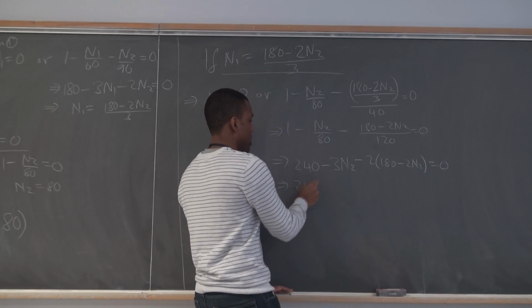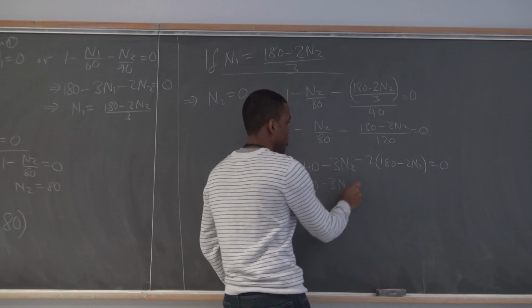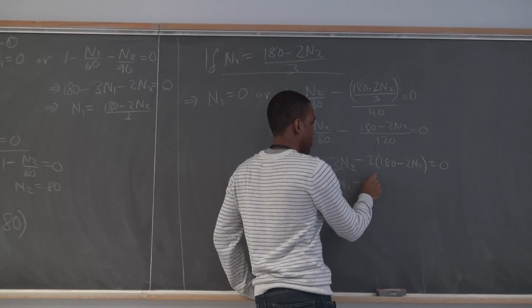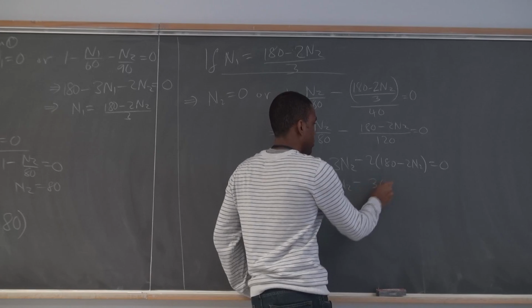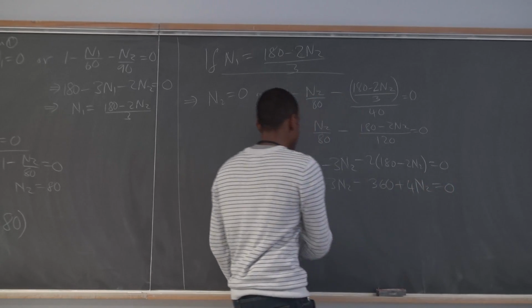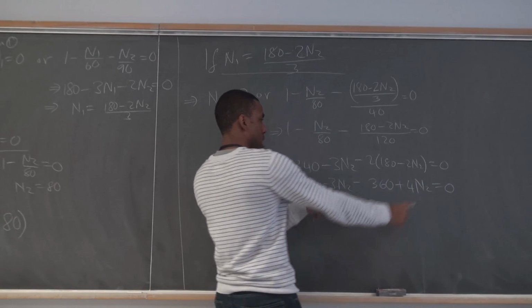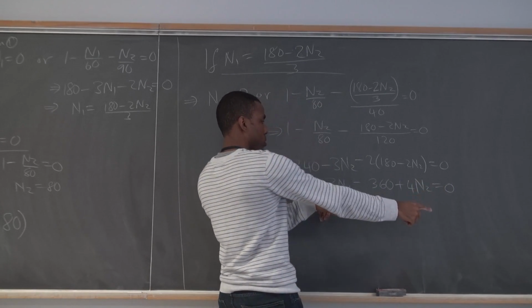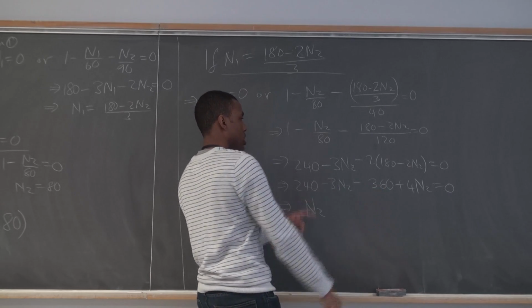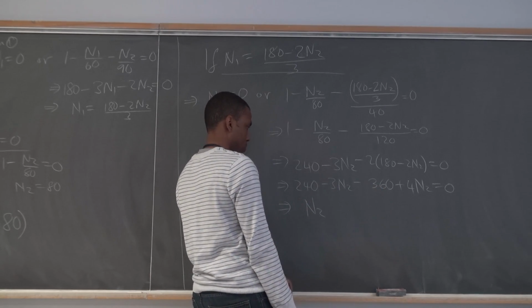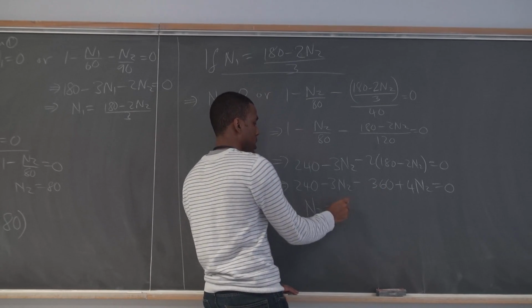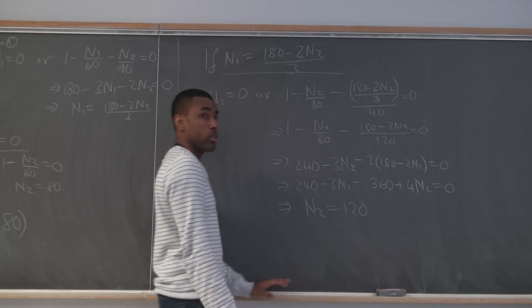This is 240 minus 3 N2, minus 6 times 180, that's 360, plus 4 N2. So I have 3 N2 plus 4 N2, that's just N2. 240 minus 360 is minus 120, and I move it over here, right? So it's 120.